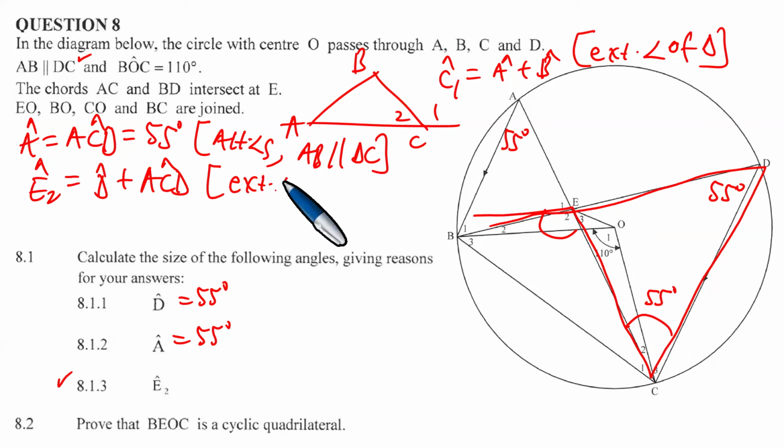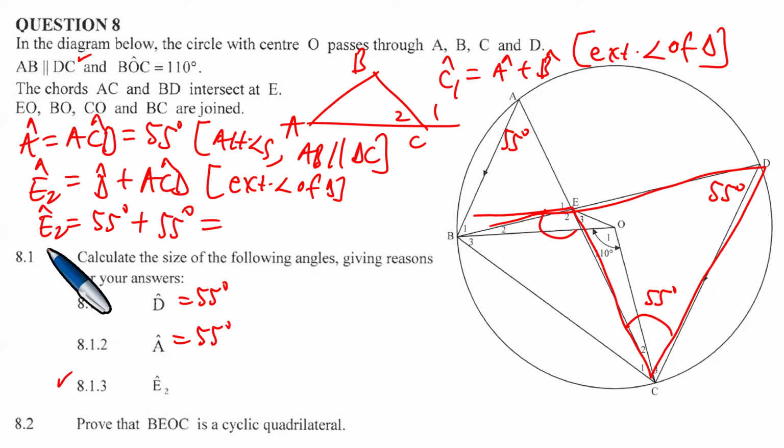Because of the exterior angle of a triangle from grade 10. The D we know already is 55 degrees, it was proved above, and ACD is also 55 degrees. So the angle E2 is 55 plus 55, which is 110 degrees.